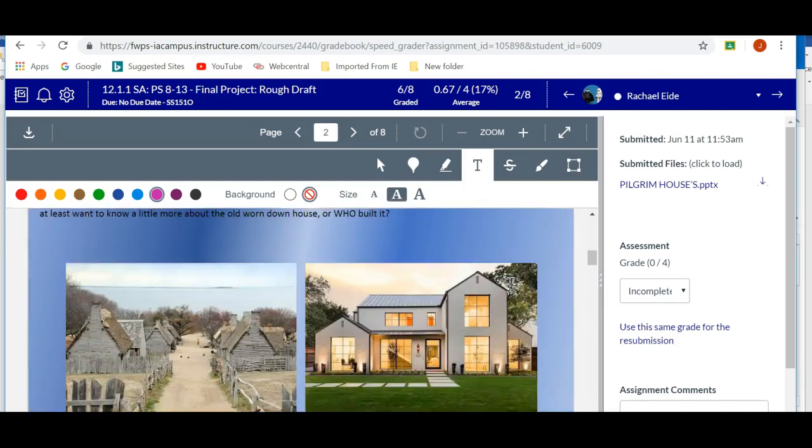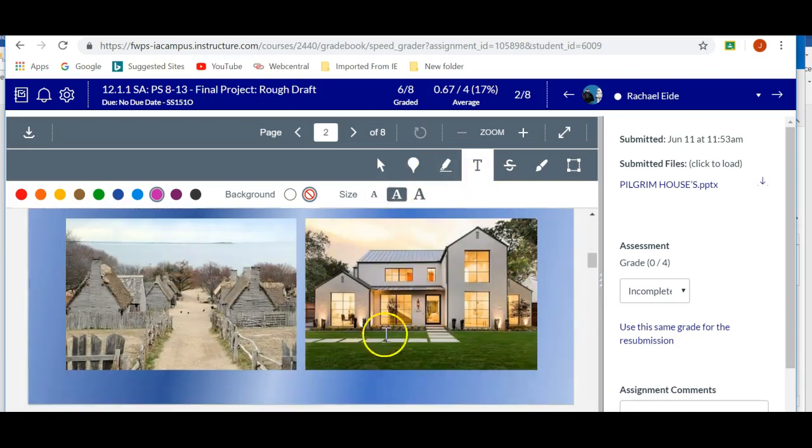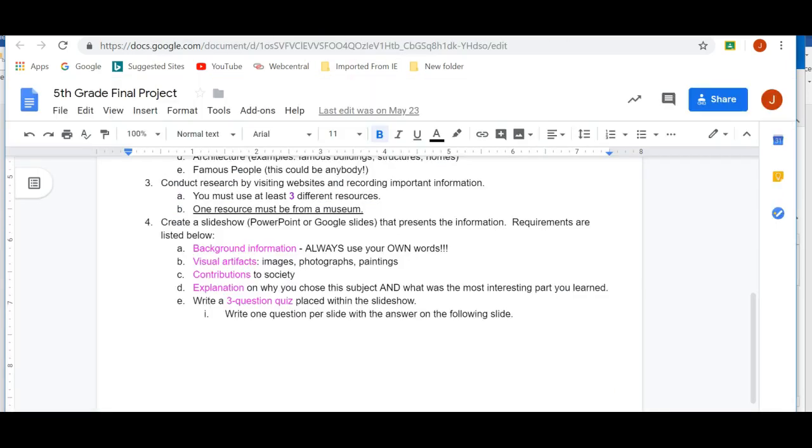You maybe like looking at houses. Maybe you have a parent that's a real estate agent, or maybe you might like to be in real estate later on. So any reason that you have for doing Pilgrim houses, tell me why that is.